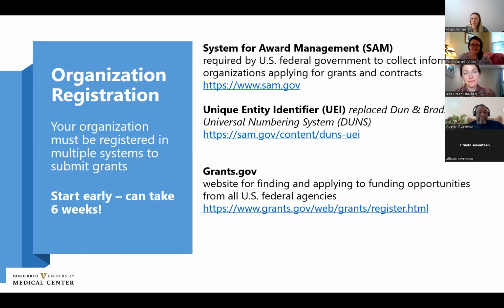The unique entity identifier, or the UEI, replaced the DUNS number. So if you all know DUNS and have had experiences where you're trying to hunt down your DUNS, it's now the UEI, and the UEI is requested in and assigned by the System for Award Management, also known as SAM. You can expect to use the UEI in the same way that you've used your DUNS.